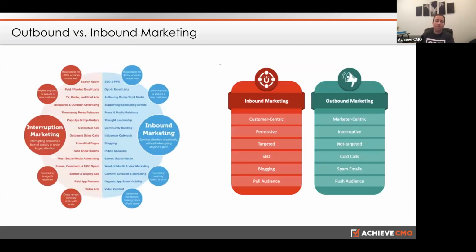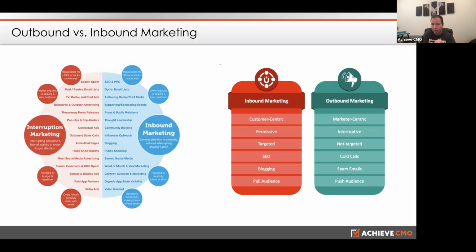There is also a difference between inbound and outbound marketing, right? As you go, there's a push strategy into the market, where you're going to push your way in through interruption marketing. And then there's a pull strategy through inbound marketing. Inbound marketing tends to be more customer centric, more permission based, targeted, you know, SEO, blogging.